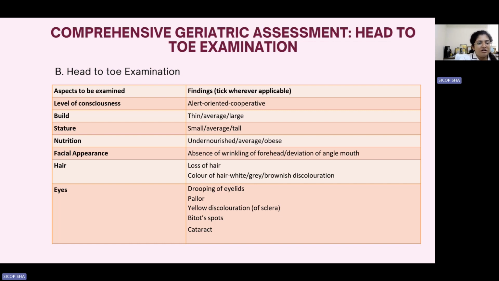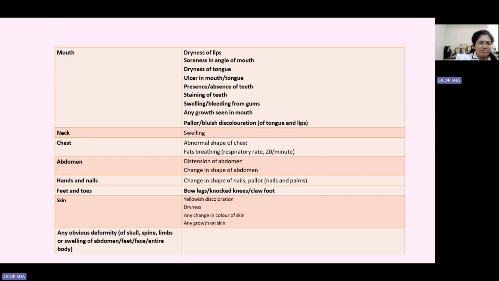Hair: loss of hair, color of hair, white, gray, brown, and discolorations. Eyes: drooping of eyelids, pallor, yellow discoloration, spots, cataract, which should be assessed properly. Mouth: dryness of the lips, soreness at the angle of the mouth, dryness of the tongue, ulcers in the mouth, presence or absence of teeth, staining of the teeth, swelling, bleeding from the gums, any growth seen in the mouth, pallor, bluish discoloration of tongue and lips.